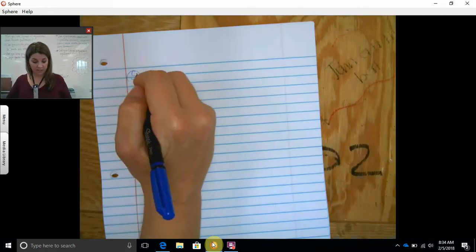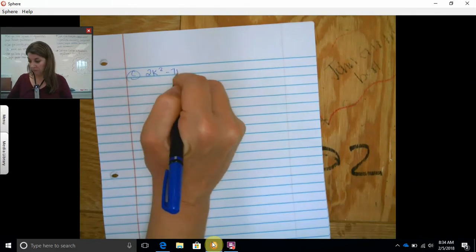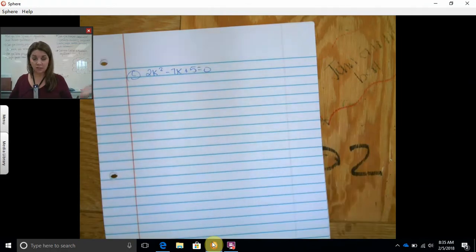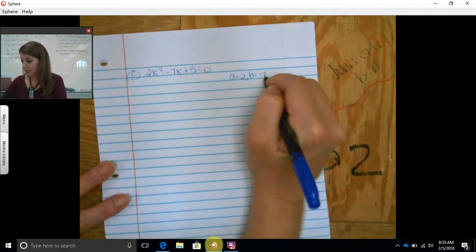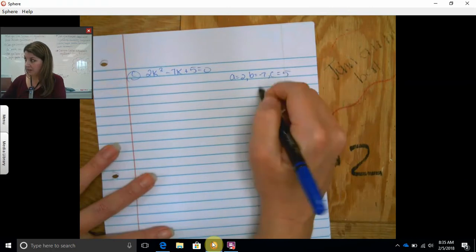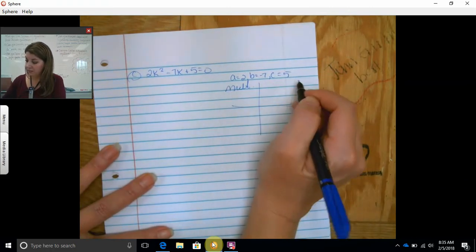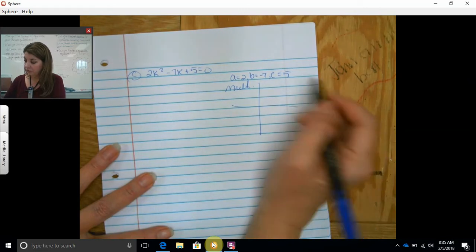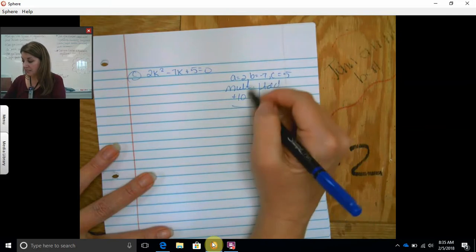I'm going to do it fast. Standard form, yes. GCF, no. A is 2. B is negative 7. C is 5. I need two numbers that multiply together to give me 10, and add to get negative 7.